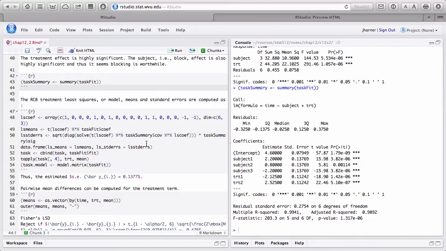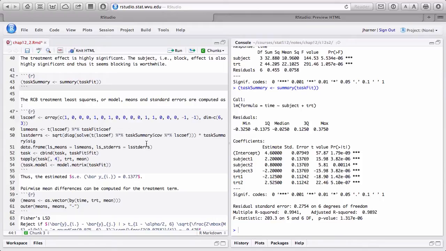What I was trying to do here was to compute what I call the model means. And there's a little bit of confusion about what model means are versus the regular sample means. So how do you think you would get the means?